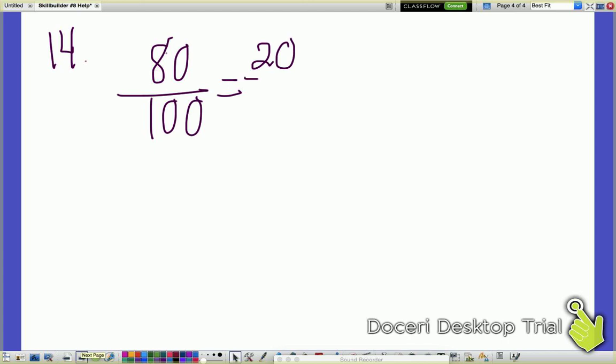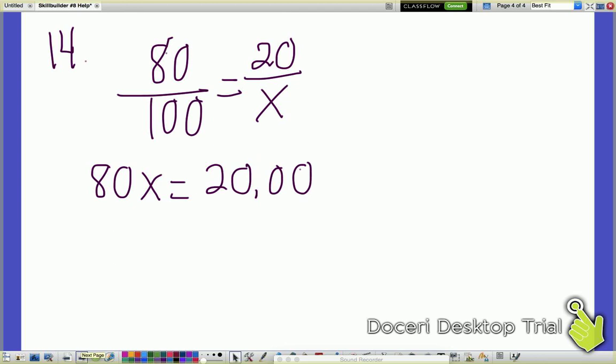So 20 out of what is 80%? So you need to cross multiply. Okay, it's not 20,000. Jeez, having issues. And I'm going to let you solve it from there.